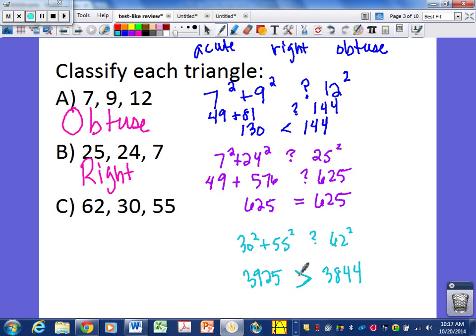So this triangle is going to be acute. It is indeed an acute triangle. So obtuse, c squared is larger. Right, they are equal. If c squared is smaller, it is acute. So that's how we classify them, by applying the Pythagorean theorem.